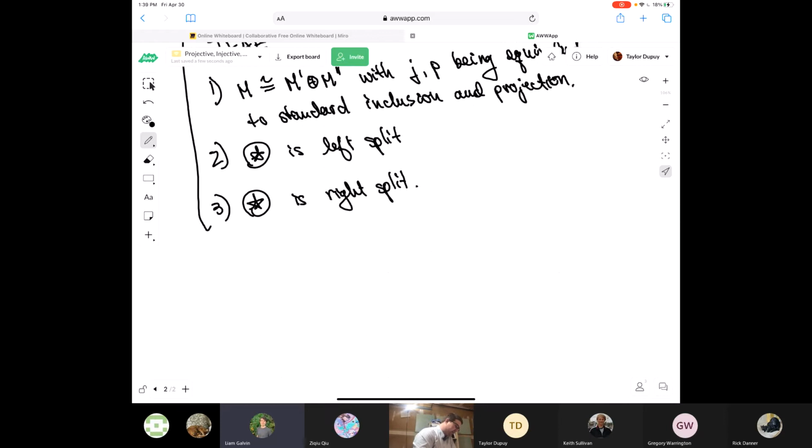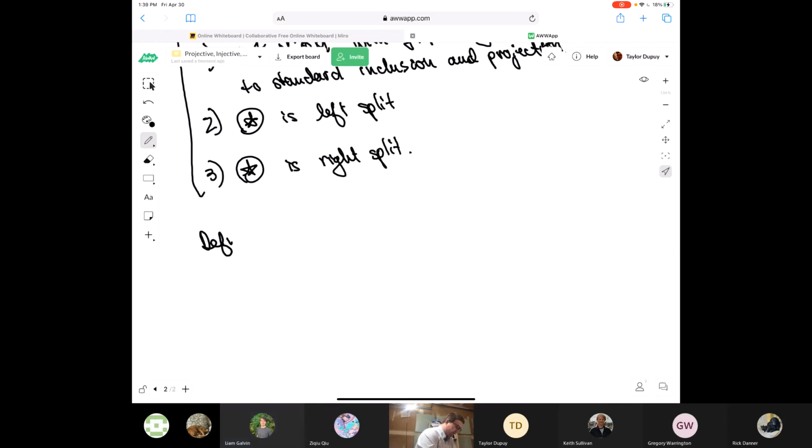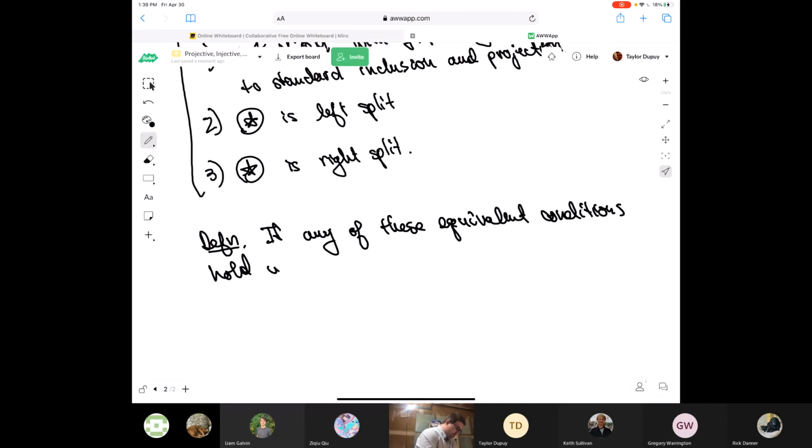Let me give you a definition, because we need to prove it. If any of these equivalent conditions holds, we call the sequence split.